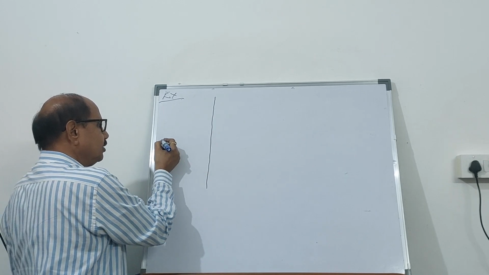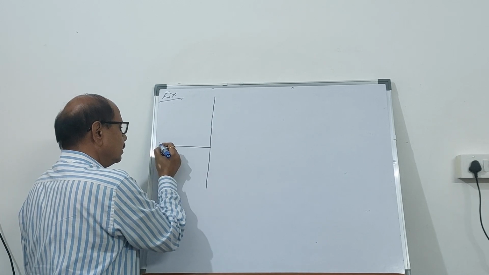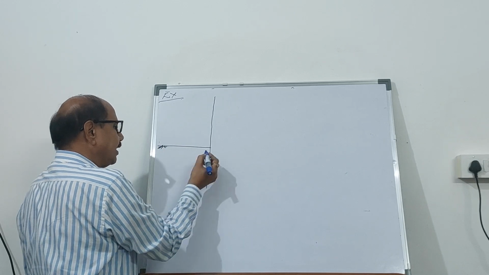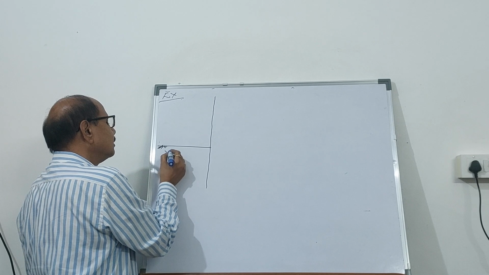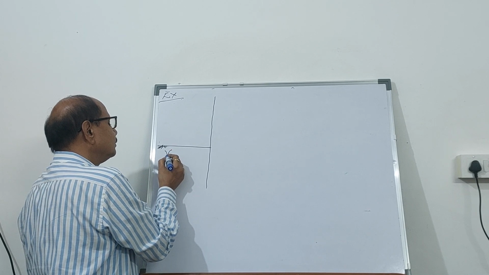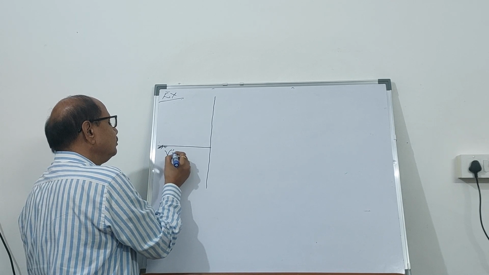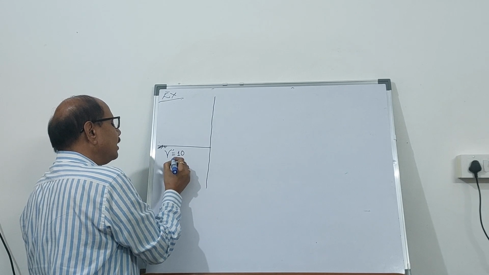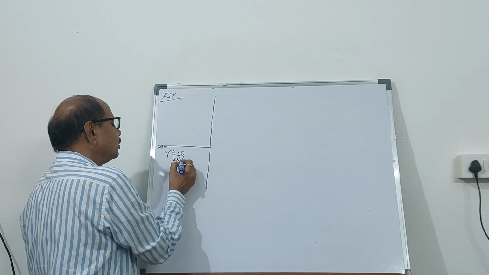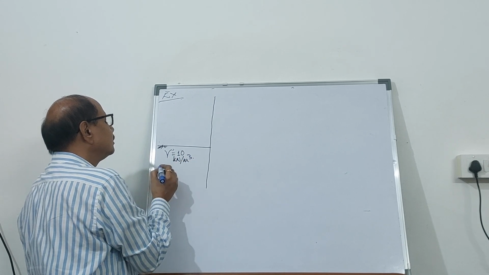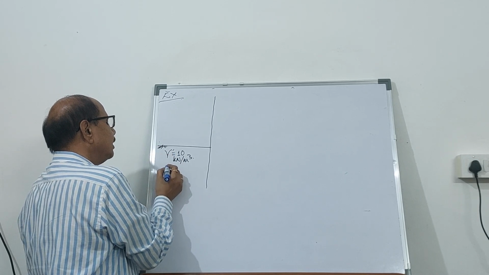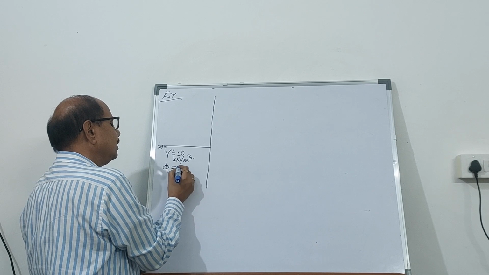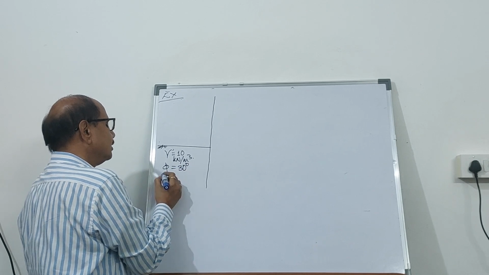This is the cantilever sheet pile penetrating a granular bed having gamma prime equal to 10 kilonewton per cubic meter below the dredge line, and phi is 30 degrees, C equal to 0.